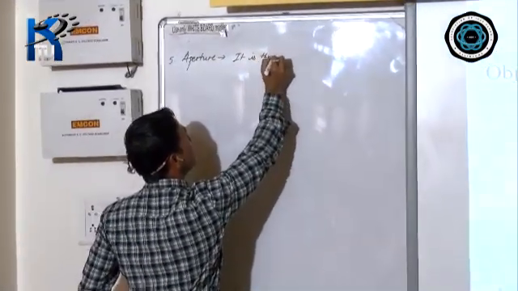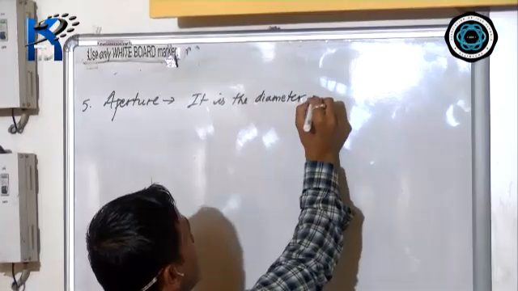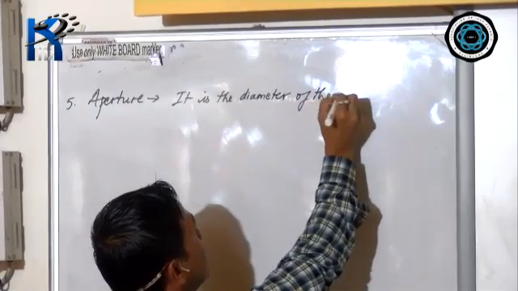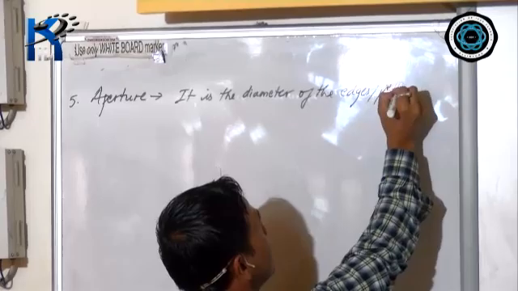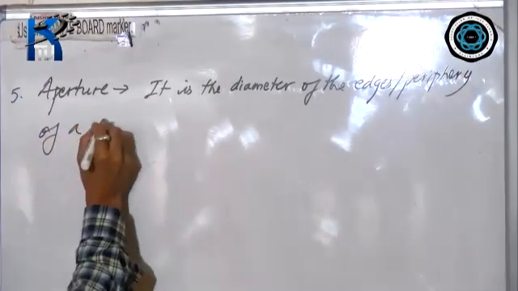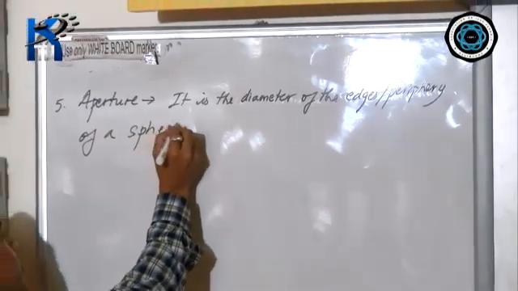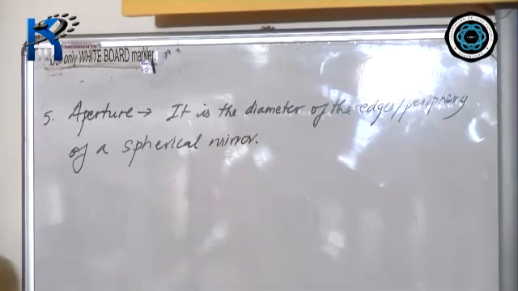It is the diameter of the edges, or I can use the word periphery, of a spherical mirror. I can show it with the help of a diagram.